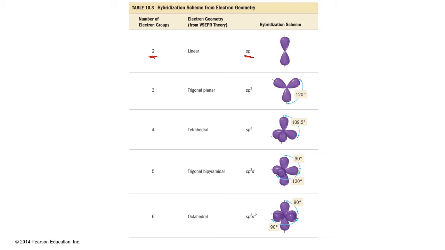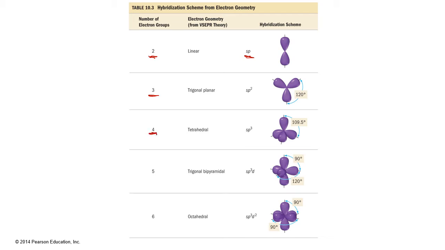If we have 3 electron groups, we need 3 orbitals, 1s and 2 p's mixing, which we call sp2 hybridized. This is a trigonal planar shape with 120 degree bond angle. So by forming these hybrid orbitals, we end up with our observed geometry.